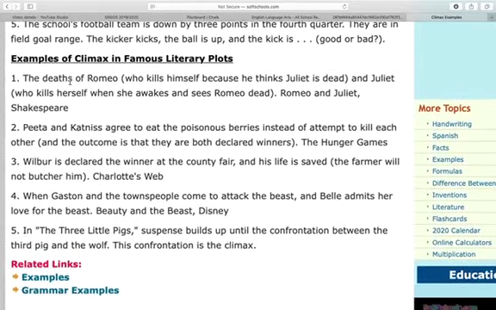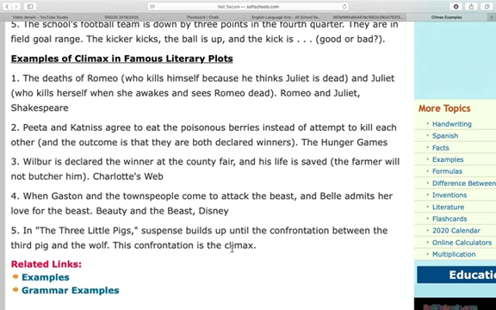So then you can look here and you see some examples of climax in famous literary plots. I'll put this link on my Stanford so you can look at it some more if you need to. But look at number 5. In The Three Little Pigs, suspense builds up until the confrontation between the third pig and the wolf.